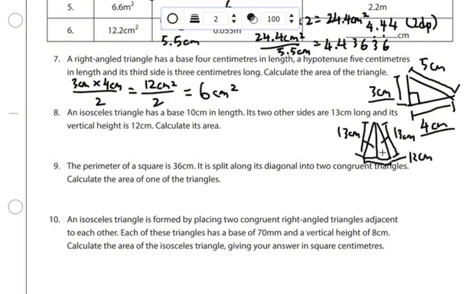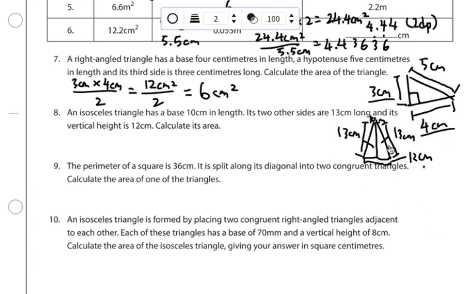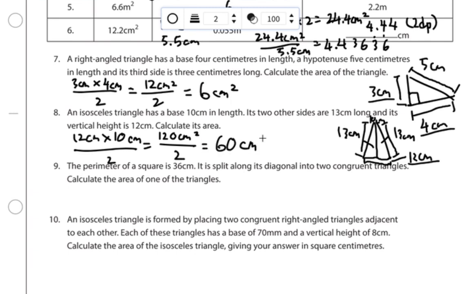And the base is 10 cm. So all we need to use is the 10 cm and the 12 cm to get the area of the triangle. So we will take 12 cm, multiply with 10 cm, and divide it over 2, which we will get 120 cm square divided over 2, which is 60 cm square.